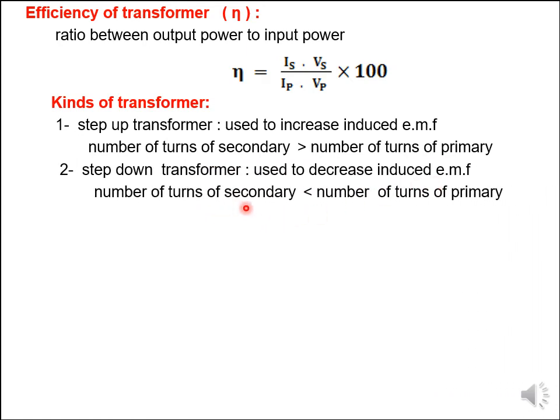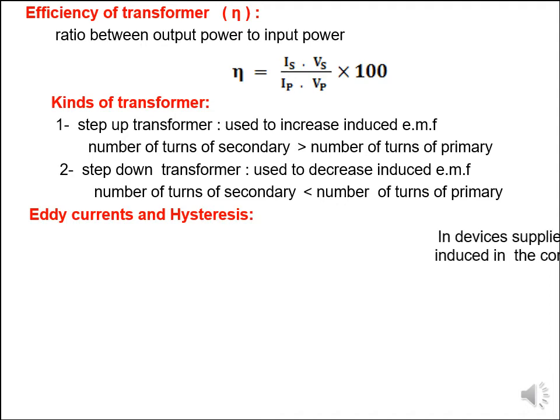The number of turns of the secondary is smaller than the number of turns of the primary.